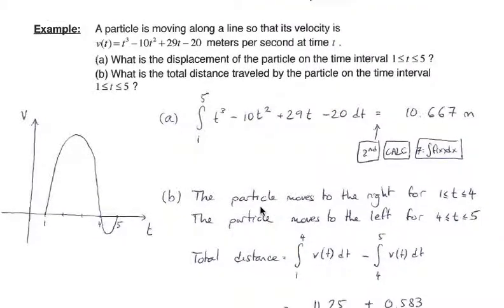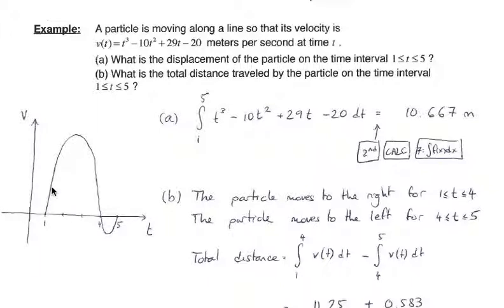Here's an example. A particle is moving along a line so that its velocity is given by the function v of t equals t cubed minus 10t squared plus 29t minus 20 meters per second at time t. What is the displacement of the particle on the time interval [1, 5]? Maybe we just want to look at what the particle actually does. The particle starts with a velocity of 0, so it's not moving.